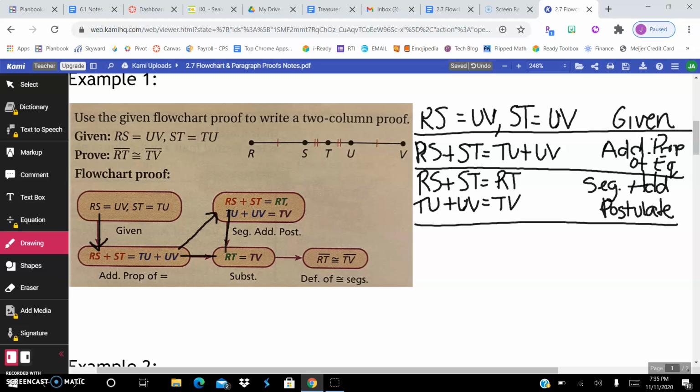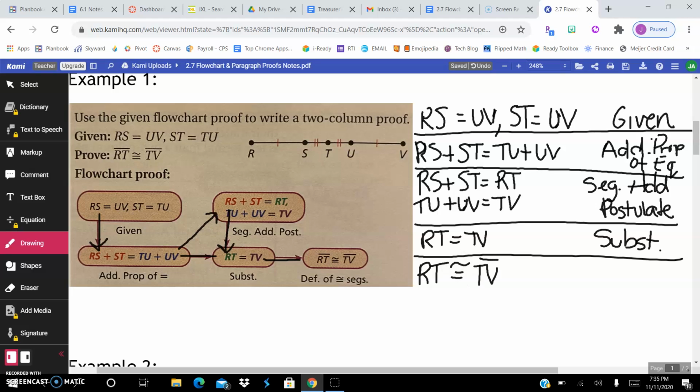And then from there, we move down. So we have RT equals TV, and that is just using substitution. And from there, we can move up over here to segment RT being congruent to segment TV. And that is because of the definition of congruent segments.